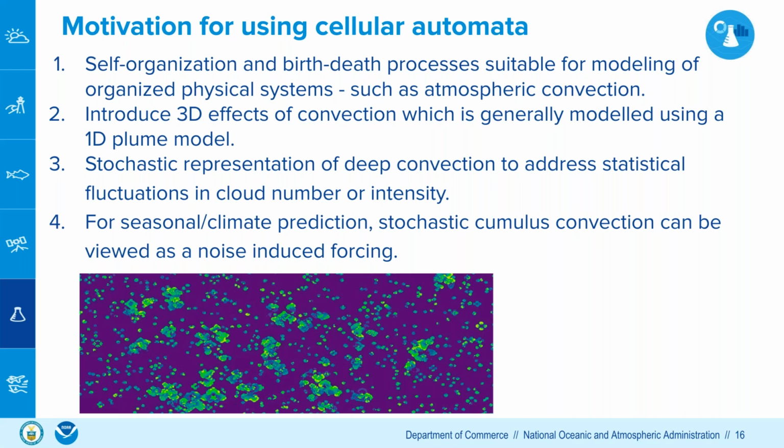Also, stochastic representation of convection has been shown beneficial to address statistical fluctuations in cloud number or intensity, or I would say statistical fluctuation on the subgrid, so subgrid variability. And for seasonal and climate prediction, stochastic cumulus convection can be viewed as noise-induced forcing.